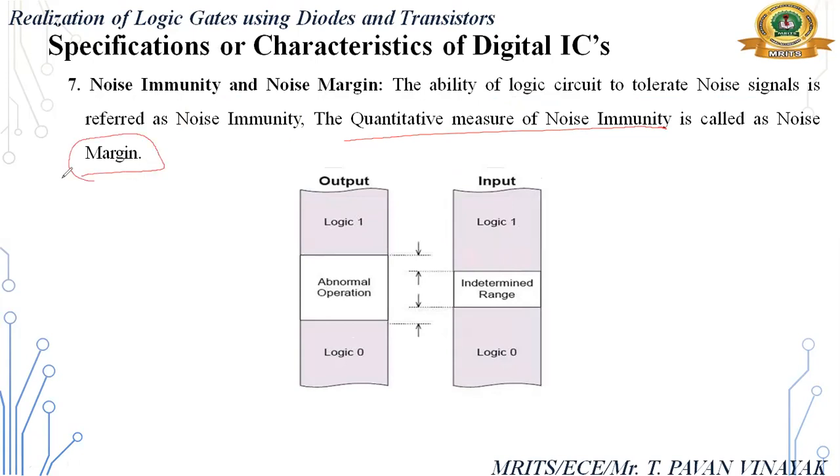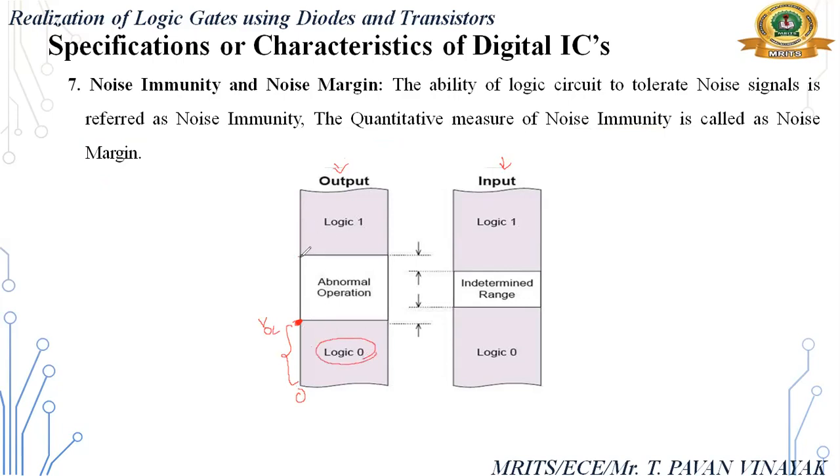Okay, noise margin. Let us see. This is the output logic. This is the input logic. Up to some voltage level from 0, this voltage level is called VOL. This is logic 0.